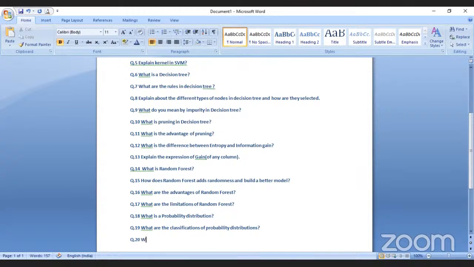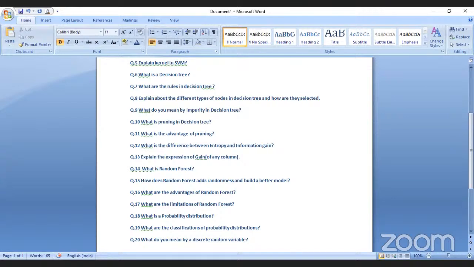So what do you mean by a discrete random variable? A discrete random variable is a random variable which has countable values.